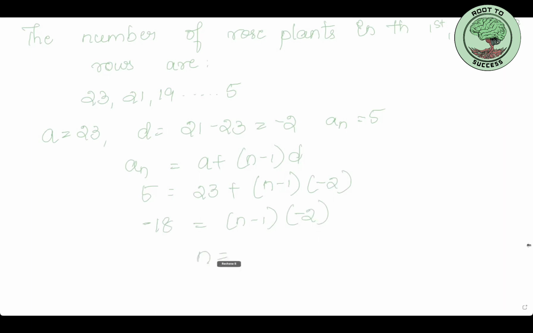And at the end, N will be 10. So therefore, there are 10 rows in the flower bed.